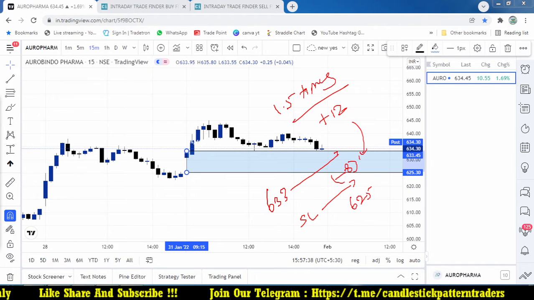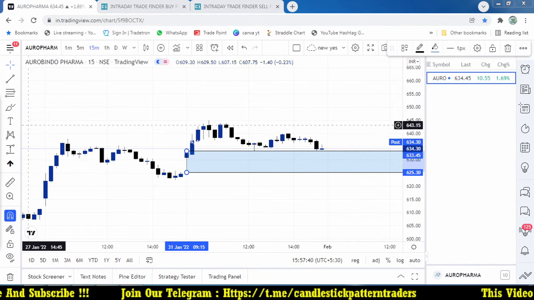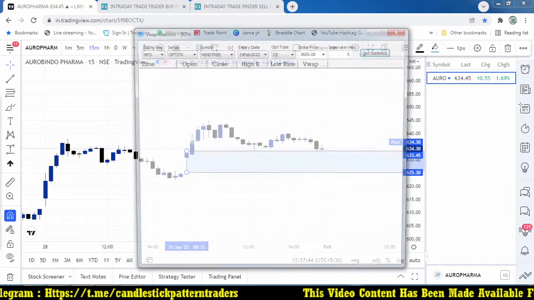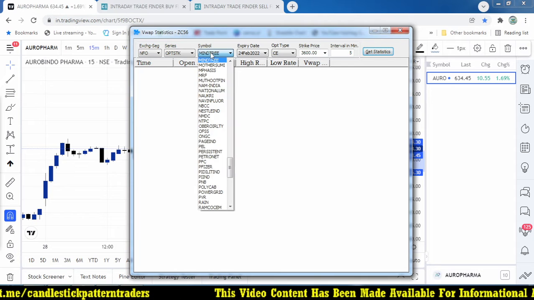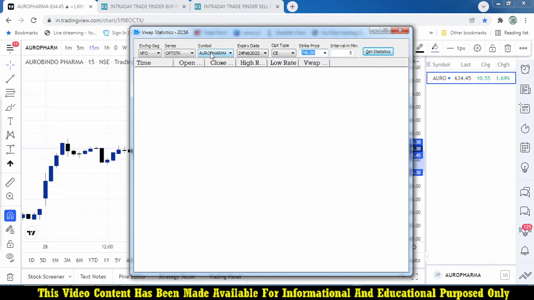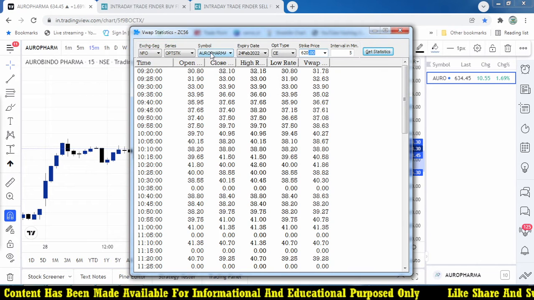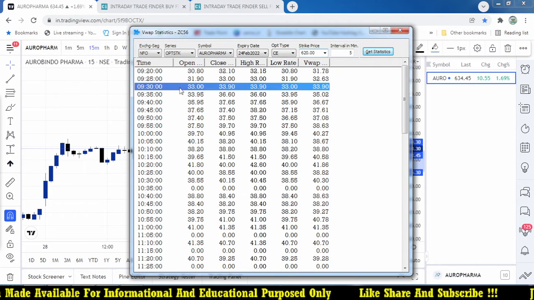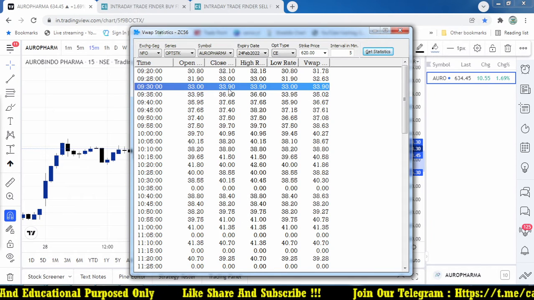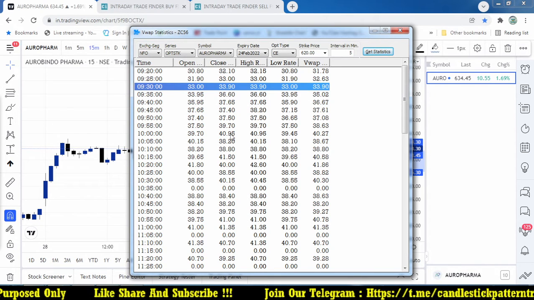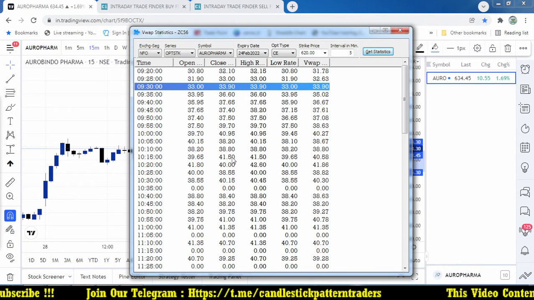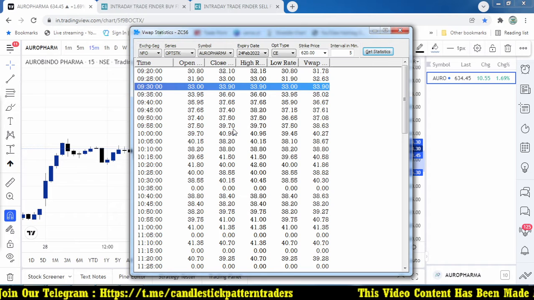What about options, if I took options for this trade? I would focus on the 620 call option of Arrow Pharma. If I'm going to take a trade in options, the 620 call should be the best one. Around 9:30 it was trading around 33, 34 rupees. From 34 it went up to 41, nearby 40.95, and later 41.5. So that is a 7 rupees profit in options.